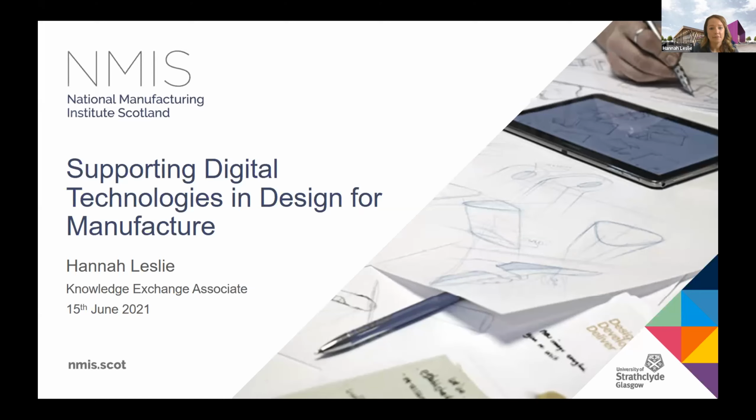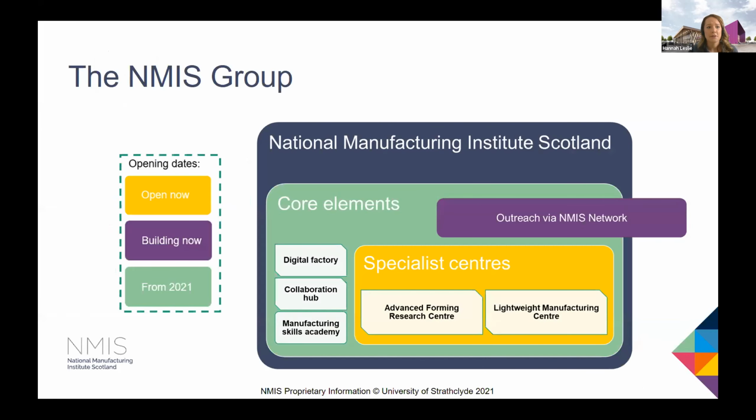We're operated by the University of Strathclyde, but it's established with stakeholders from across Scotland. In terms of how it's set up, just for those of you who aren't aware, it's got two specialist facilities. The Advanced Forming Research Centre, which has been operating for about 10 years now, is the first centre that NMIS has grown out of, and the Lightweight Manufacturing Centre, which is more recent.